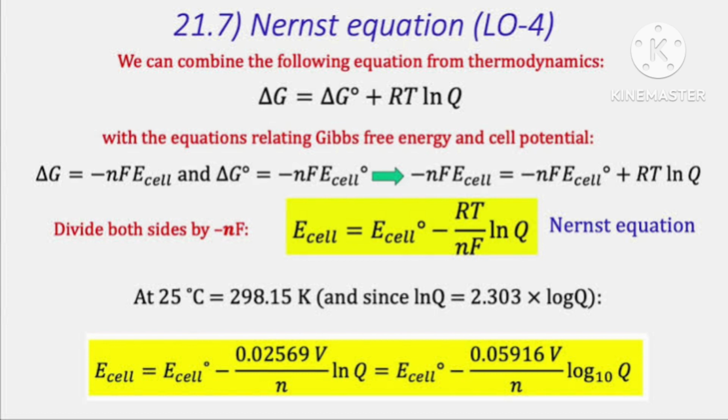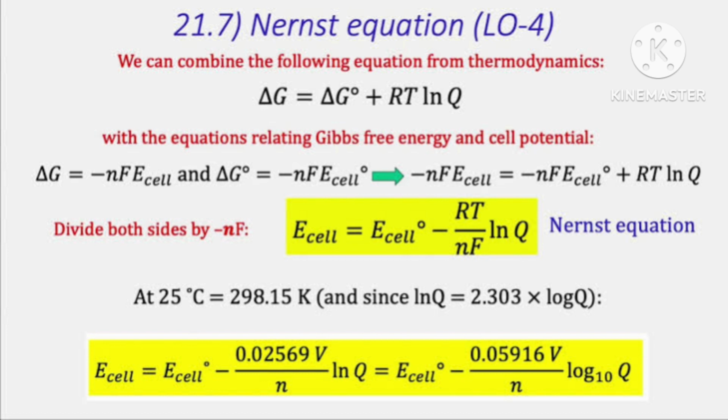Suppose you are in a Daniell cell. What is the chemical reaction you are understanding? Zn solid plus cupric ion gives Zn ion plus copper metal.